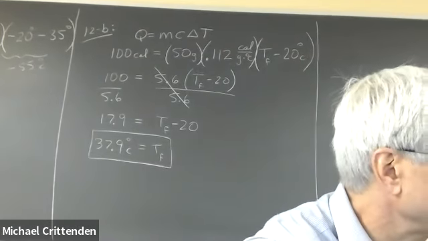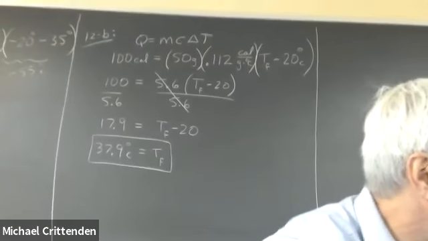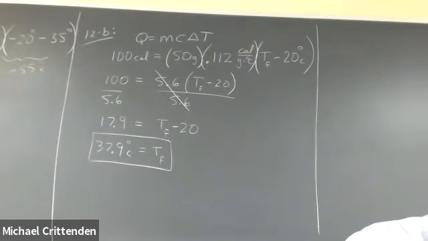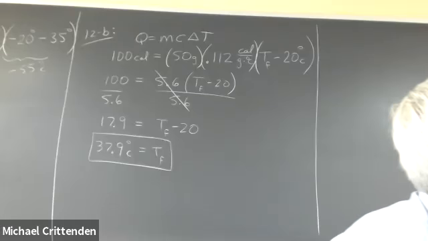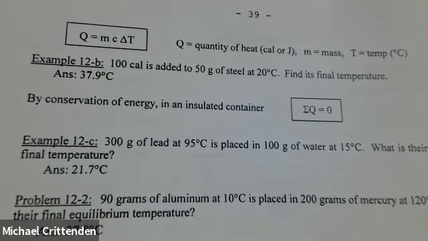Next question. Well, actually, before we get to the next question, it says something about conservation of energy. So I'll point it back at that and give you a few words of wisdom.